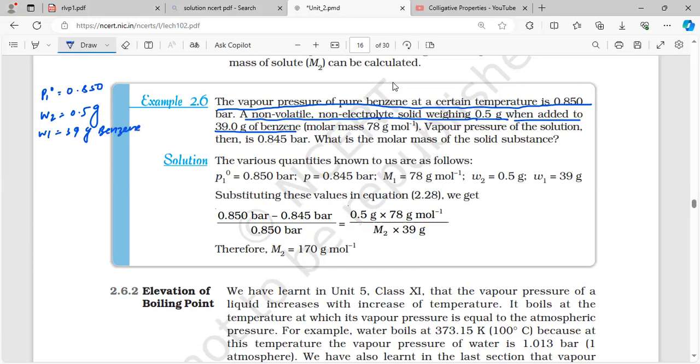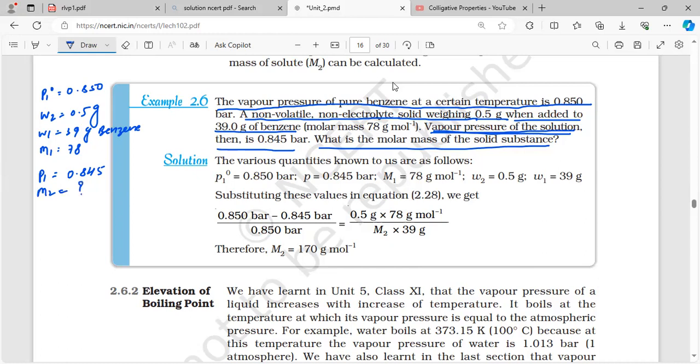Now, molar mass 78, so M1 is equal to 78. Now, the vapor pressure of the solution is 0.845 bar, so P1 is equal to 0.845. What is the molar mass of the solid substance? So M2, they are asking.